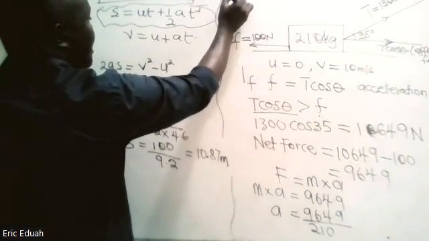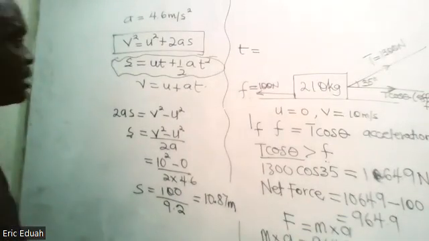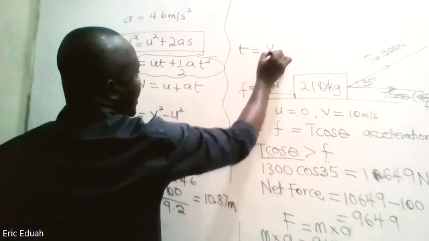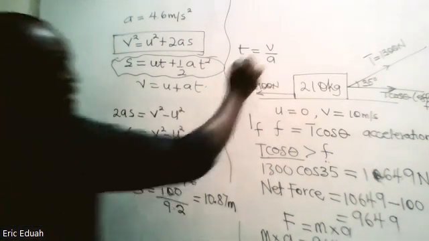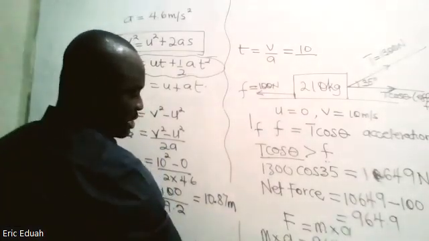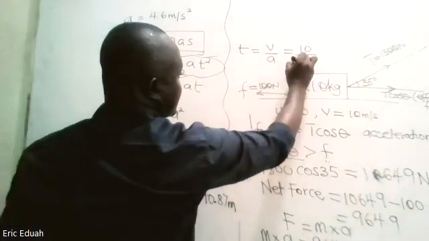Here, t would be equal to v over a, because u is 0. And what is v? v is 10. a is 4.6.